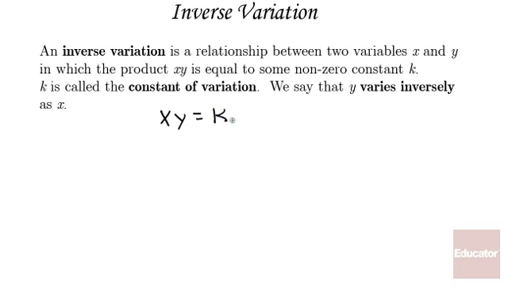When we're discussing inverse variation, we sometimes say that y varies inversely as x. And you can see that you can manipulate this equation to end up with y equals k over x. The relationship between these two is such that when x changes, y will change in such a way that k remains constant.